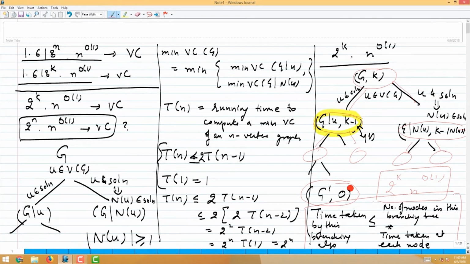So look at this branching tree, look at any branching tree, either this 2^n algorithm or the 2^k algorithm. We said that the number of nodes here is 2^k. Is it true? Are there really 2^k nodes? I'll just draw. So let's forget about everything. What I'm asking is a very graph theoretic question.